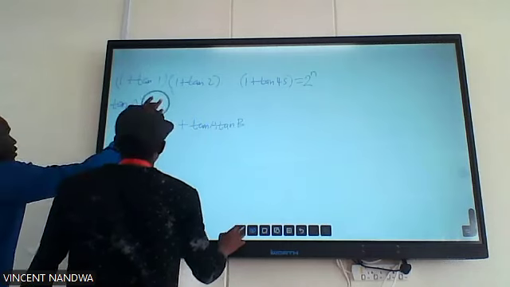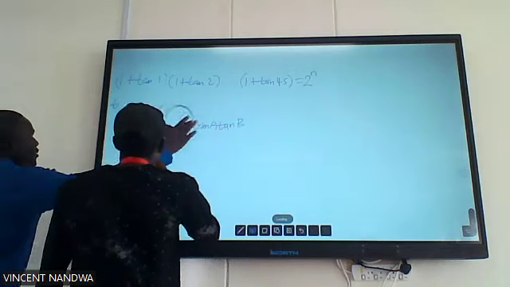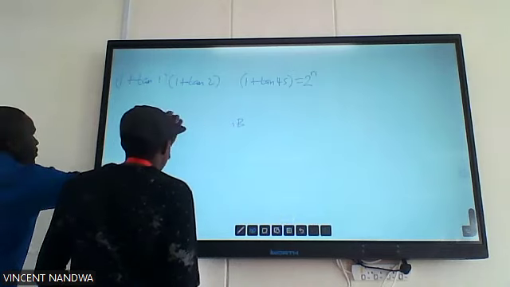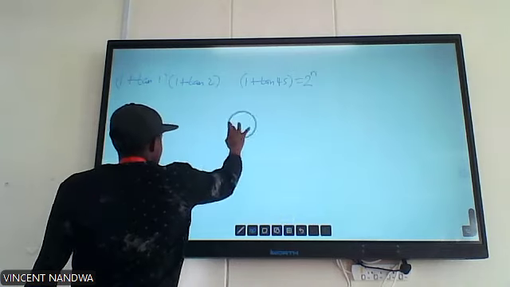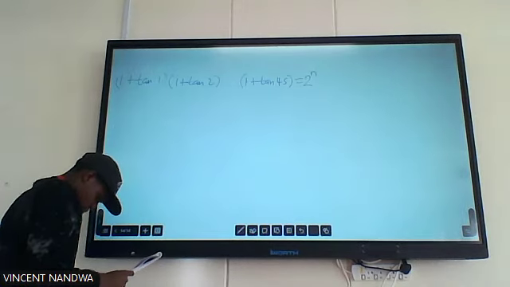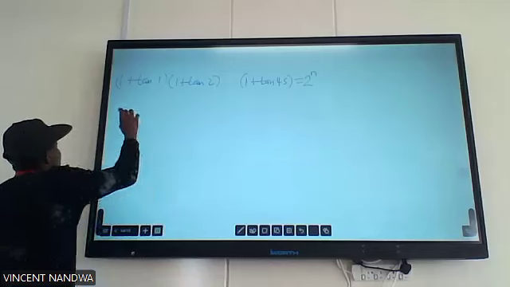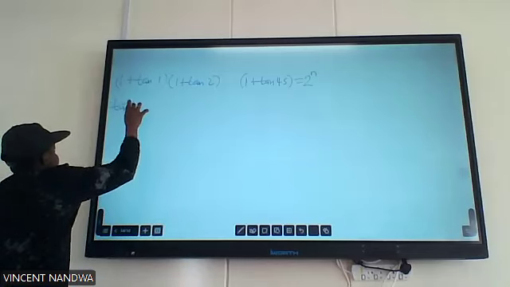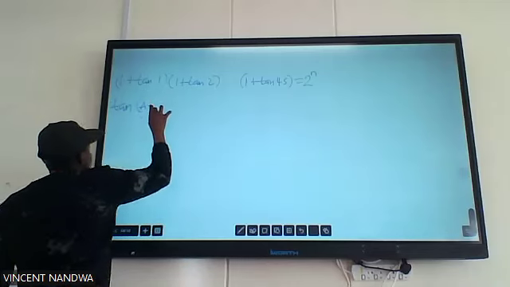Then when you are writing, ensure that you put brackets around A plus B, just for it to be complete. So it is tan of A minus B. You don't need to put the bracket in.